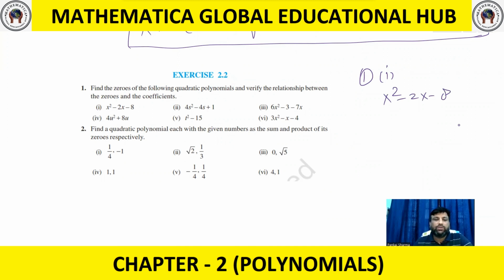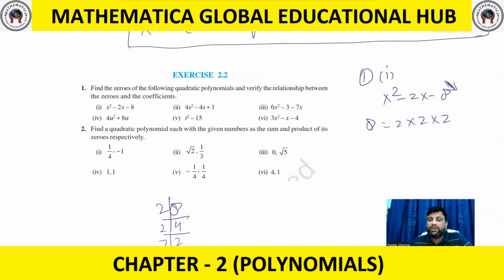So if you want to find the zeros, everybody knows how to solve the quadratic polynomial. So we need to find the prime factors of the constant term, yes. So that is coming what? If I find the prime factors of 8, it will be what? 2, 8 divided by 2 is 4, again 4 divided by 2 is 2, 2, 2. So it means 8 we can write as 2 into 2 into 2.